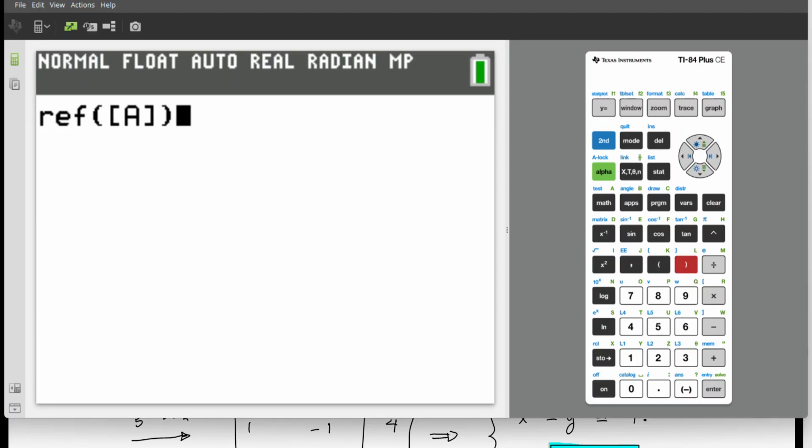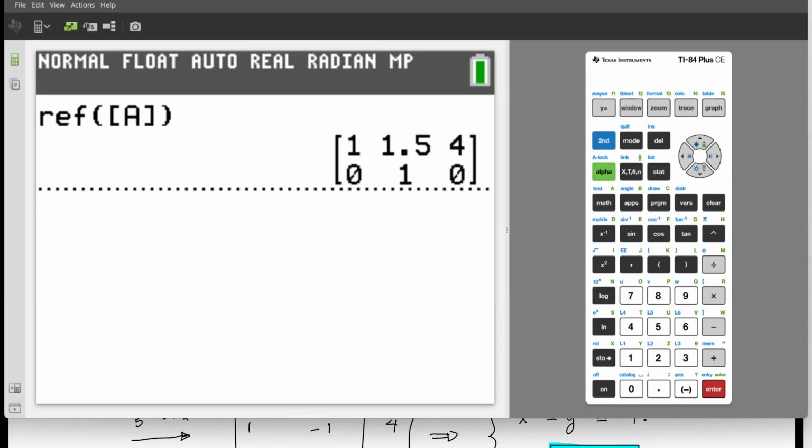So this is saying to the calculator, I just gave you some numbers, and I put them in matrix A, and I want you to row echelon form for me. And when I click enter, we see some random numbers here, 1, 1.5, and 4, 0, 1, and 4.